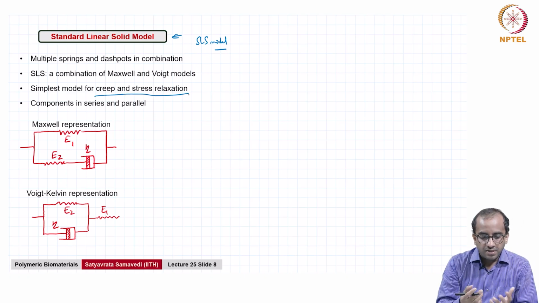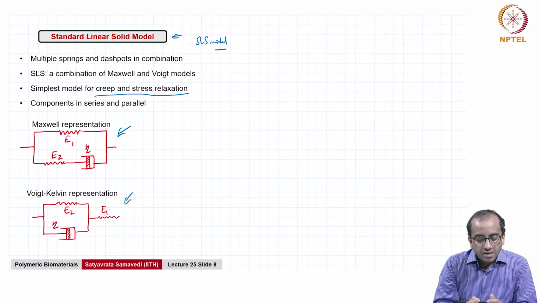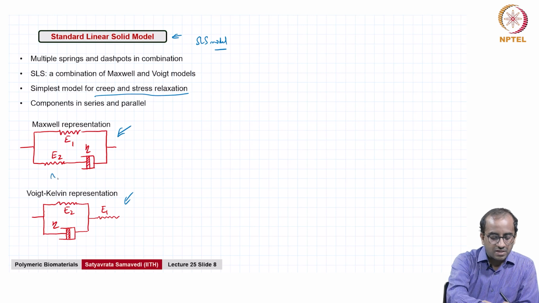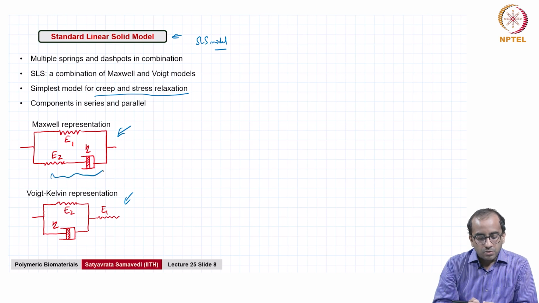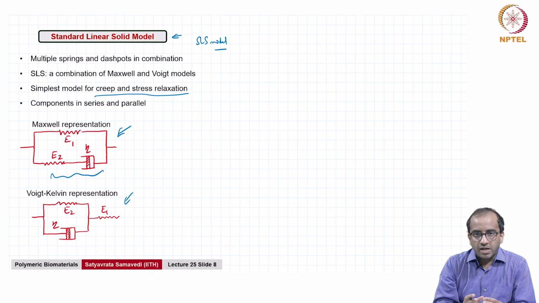And of course, you have here both a Maxwell representation and a Voigt-Kelvin representation. Essentially, what you have here is one Maxwell arm, which is the spring and dashpot connected in series, but that entire system is now connected in parallel to another spring with E1. Essentially, the parameters in the model now are able to capture long-term elastic stiffness, one of these.